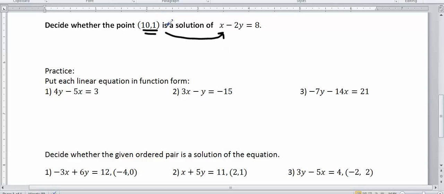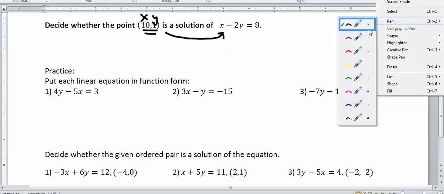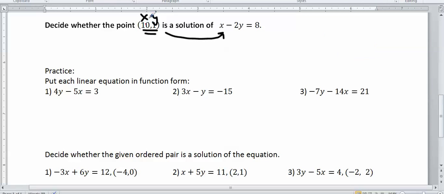Okay, so remember, when we're looking at an ordered pair like this, alphabetical order, so the first number is the x, and the second number is the y. So my x is 10, my y is 1. Okay, so I'm going to plug each of those values into my function. So I'm going to plug in the x here, so I get 10.